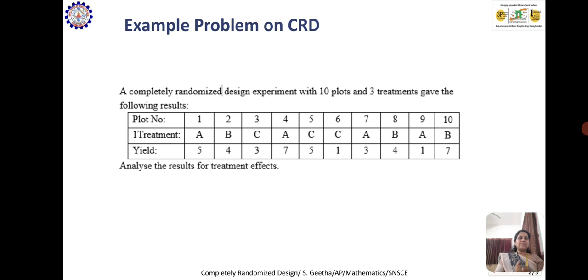In plot 3 we have given treatment C and its yield value is 3. Likewise, we have given treatments A, B, C in all 10 plots and calculated the yield values. Now we are going to analyze the results for treatment effects.